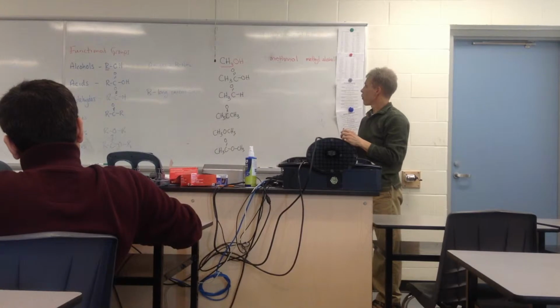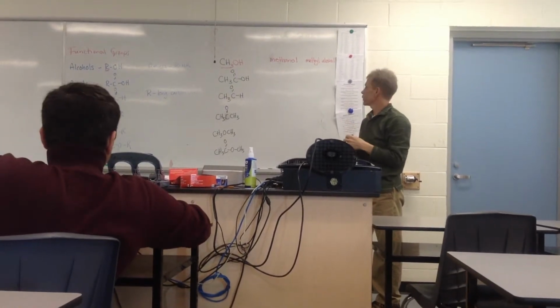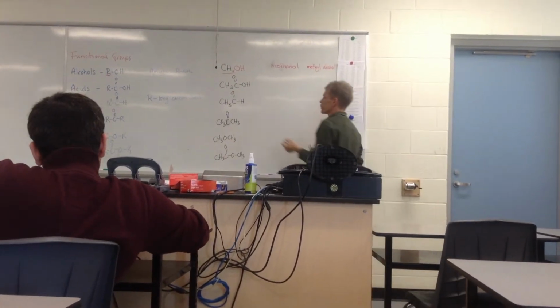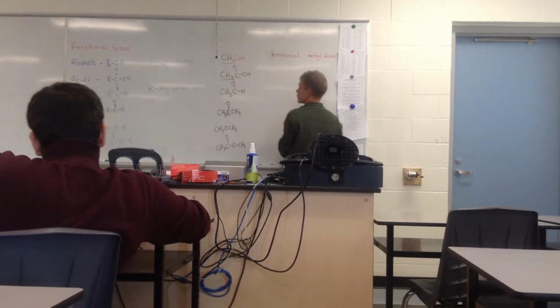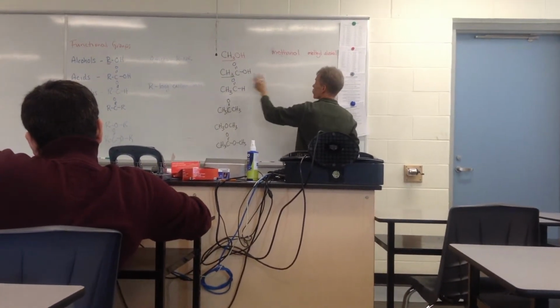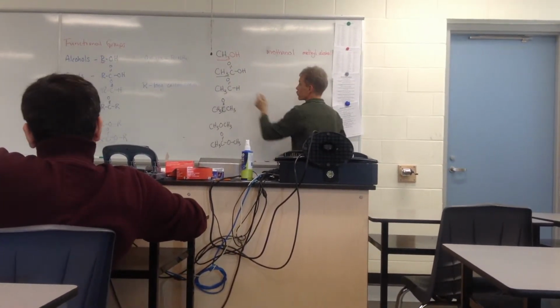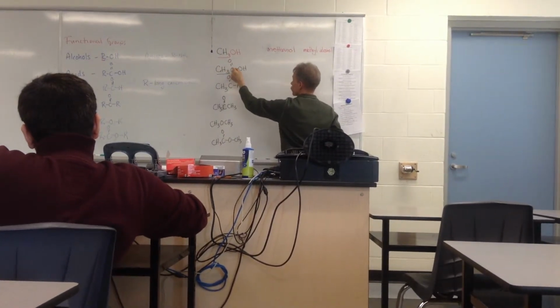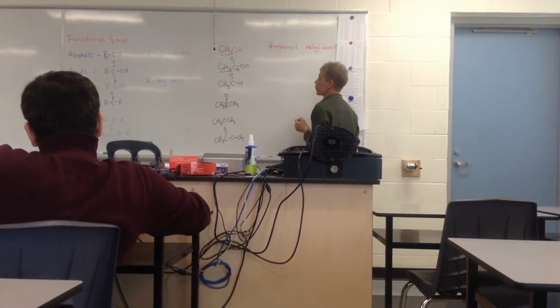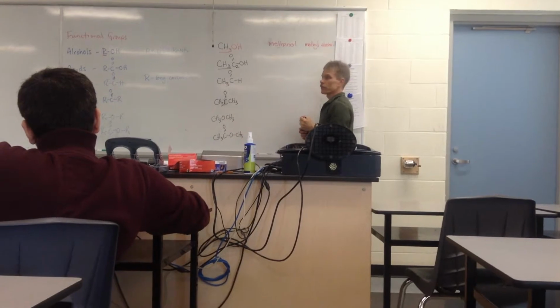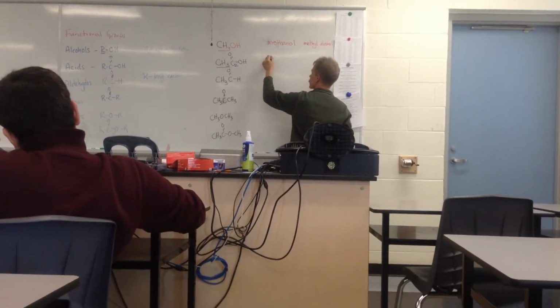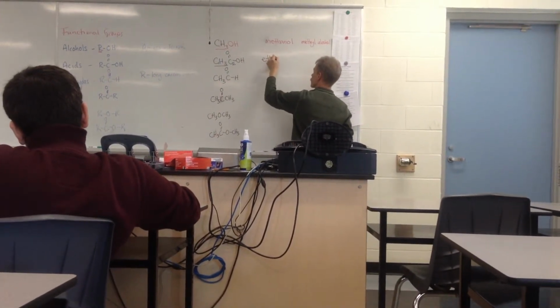So that's number one. Okay, number two is, you have CH3, right? But you also have one there. So you actually have one carbon, two carbons. And you guys know this one.